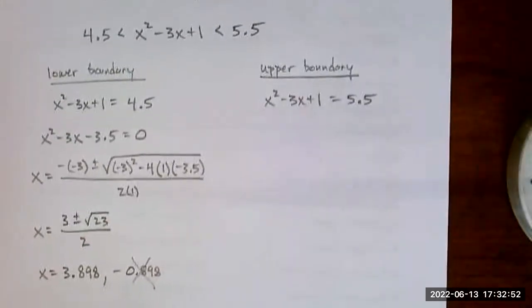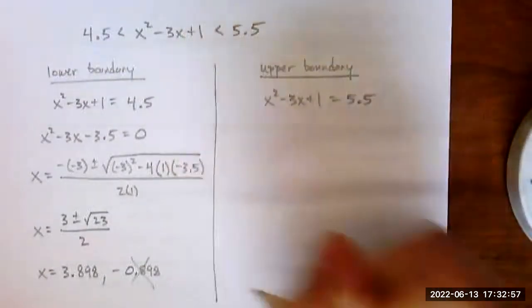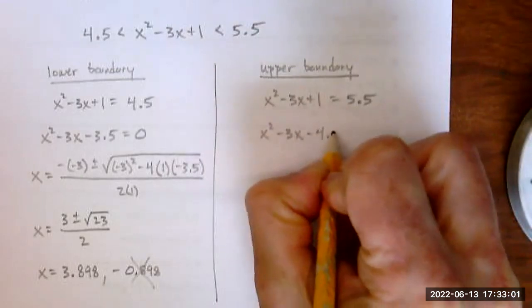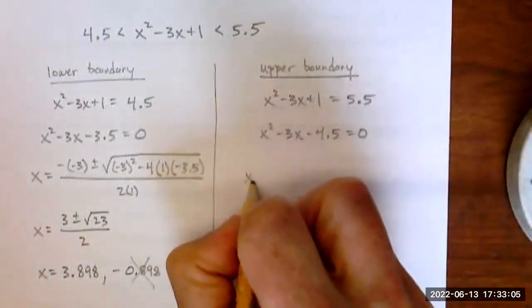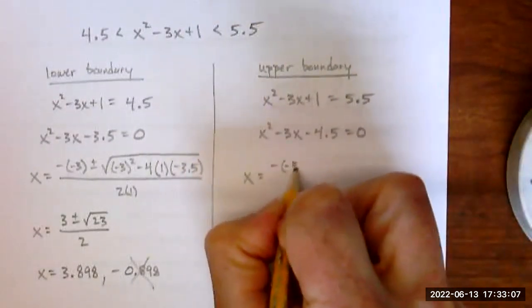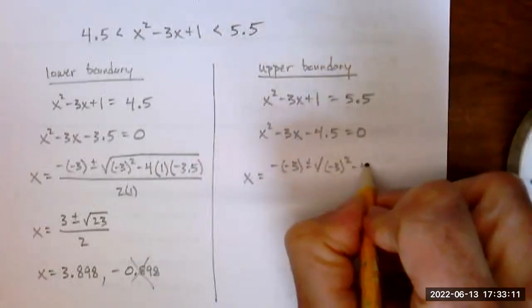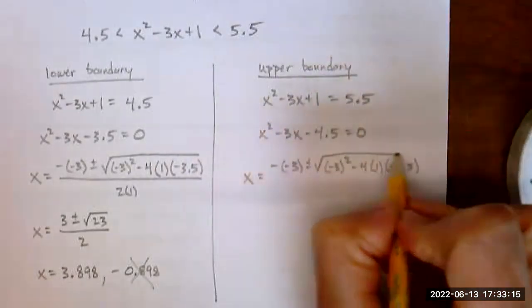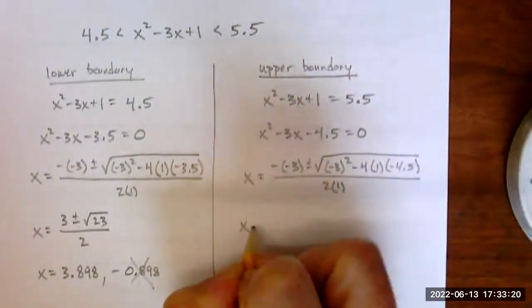Let's do the same thing for this upper boundary. x squared minus 3x minus 4.5 equals 0. So x equals negative negative 3 plus or minus square root of negative 3 squared minus 4 times 1 times negative 4.5, all over 2 times 1.